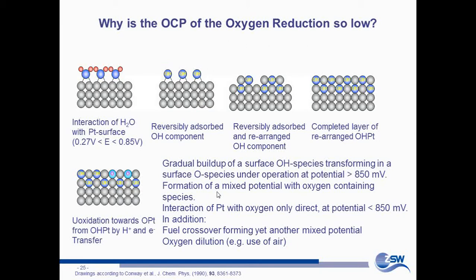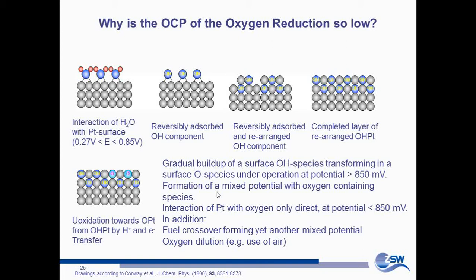Even if we want to measure the reversible oxygen potential in a fuel cell or on a platinum surface, if we have a freshly polished, freshly tempered platinum surface, and we stick it into an electrolyte, then we will see for a split second the reversible oxygen potential, and then it degrades.